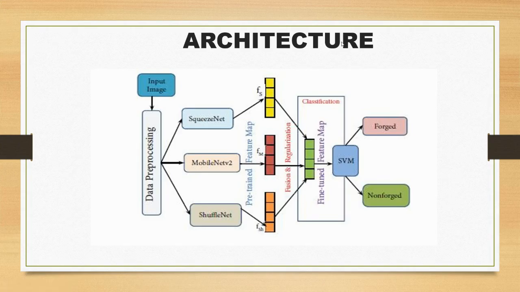And next, SVM is the classifier, which is a machine learning algorithm. So what is the need for using SVM? We'll be using SVM to get the output: forged or not. That is the main thing.